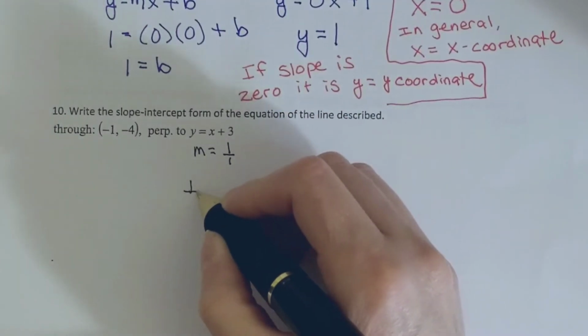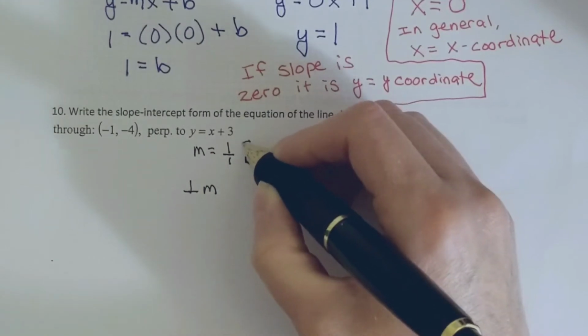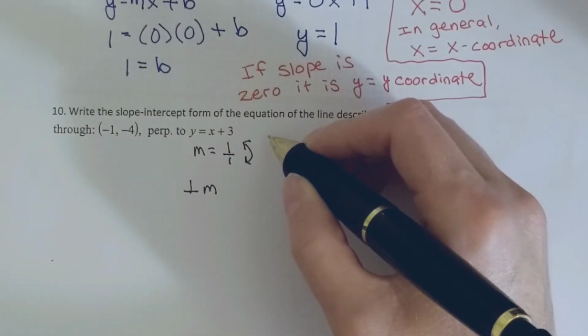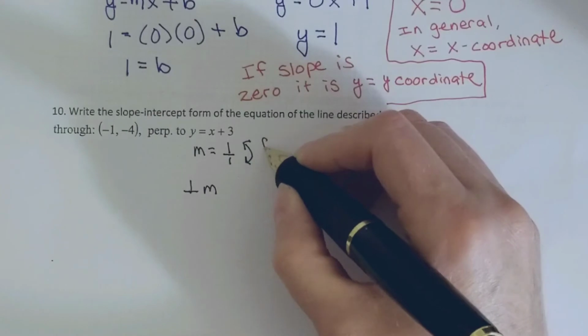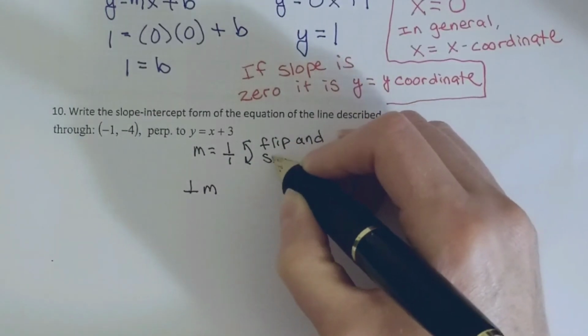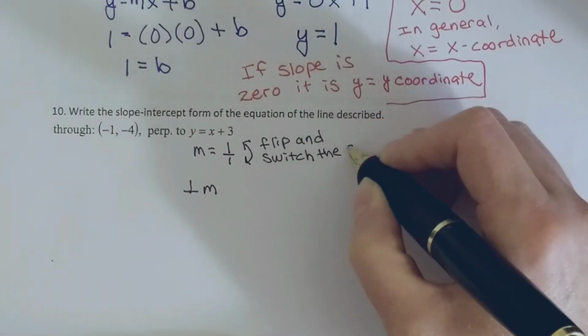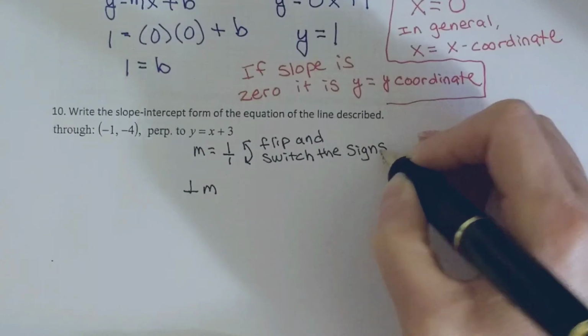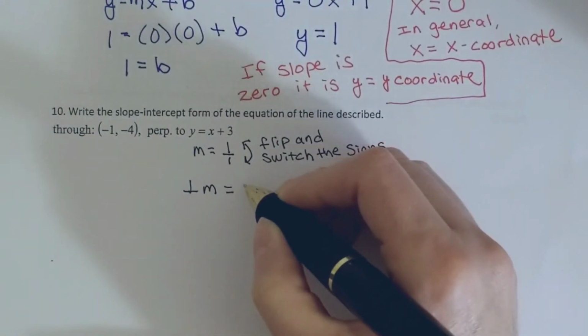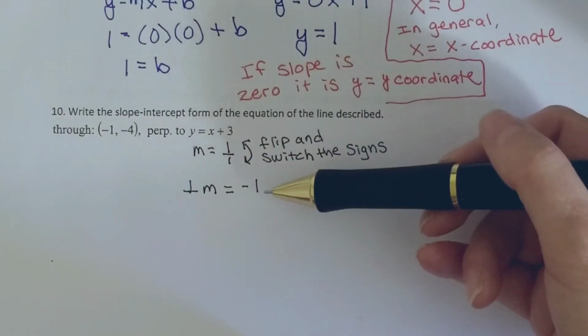So my perpendicular slope, basically, if it's perpendicular, you have to flip and switch the signs. So our perpendicular slope would be just -1, because flipping 1 over 1 is still just 1.